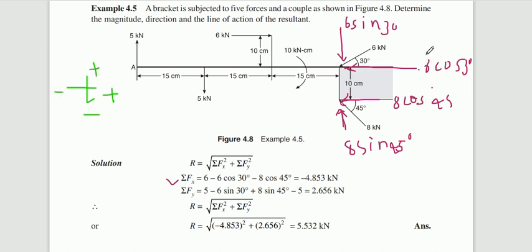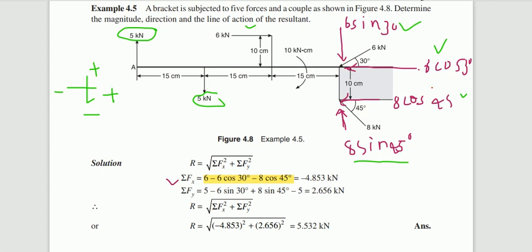So now these 2 forces are in the negative direction. This is in the positive direction. The same thing they have considered here: 6 minus 6 cos 30 minus 8 cos 45. And for vertical forces, you can observe this is upward, positive 5 kilonewton, this is downward, negative, and this is downward, negative, and this is upward, positive.